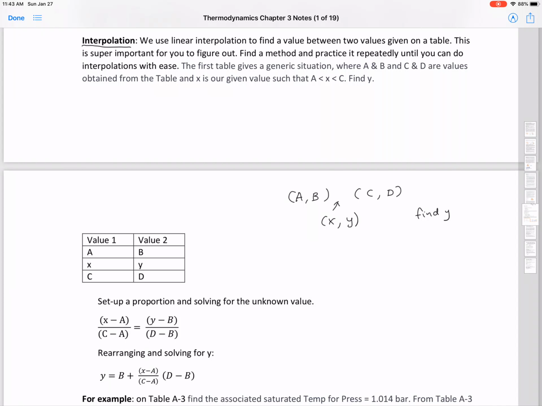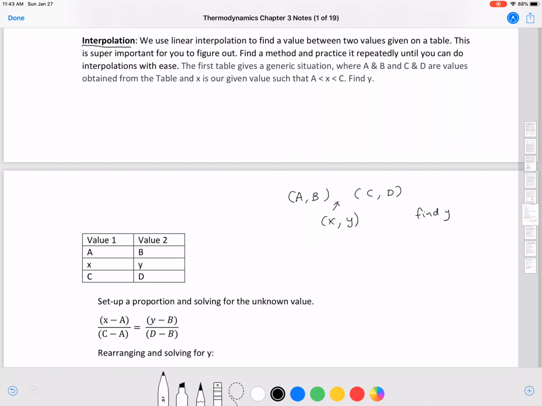Anyway, we set up our proportion, and I'm taking the relationship between X and A and dividing it by finding a ratio of the relationship of C minus A. That's what we can see here.